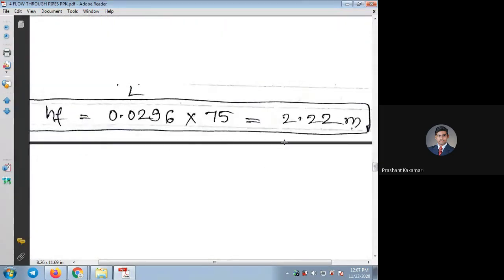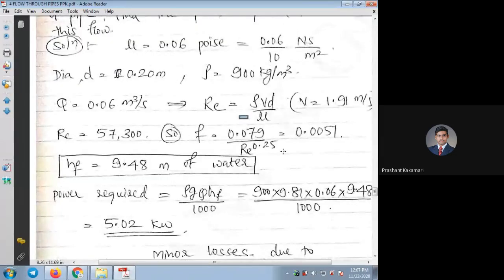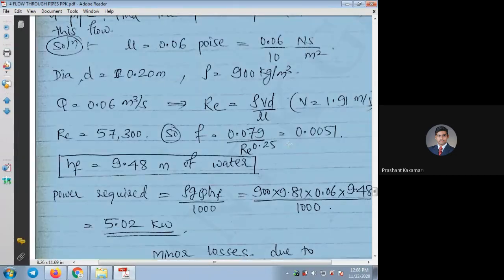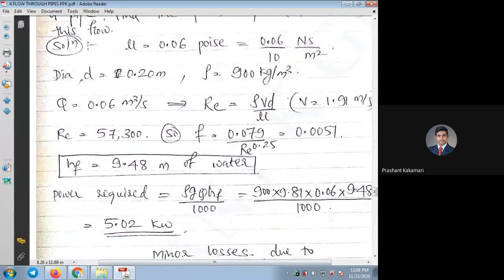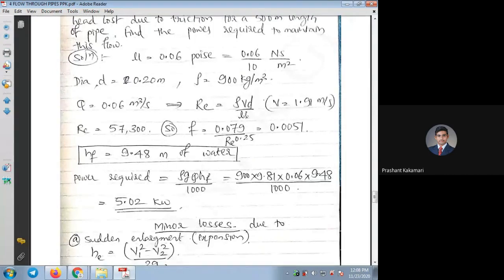In this problem, one can go by using the Reynolds number, which we know is rho Vd by mu. Why am I going by Reynolds number? Because one should decide the coefficient of friction, the F value. I can use one of the equations which relates to the Reynolds number. Depending upon laminar flow or turbulent flow, we have two equations, so I can use this value accordingly.